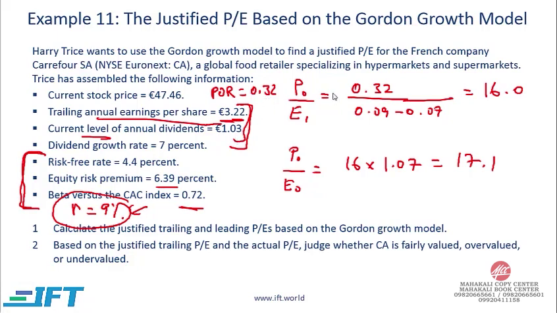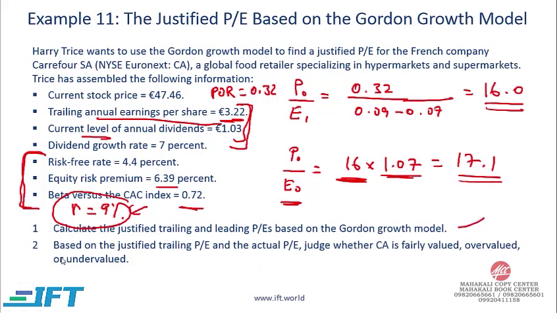The leading PE ratio is the payout ratio of 0.32, and here we are assuming that the payout ratio stays the same, divided by R minus G, and that is 16. The trailing PE ratio is the leading PE ratio times 1 plus the growth rate, that is 17.1. This answers question number 1.